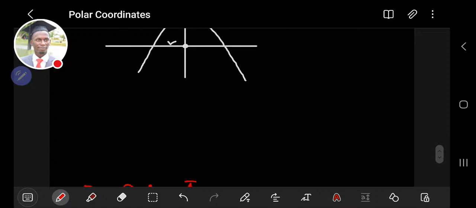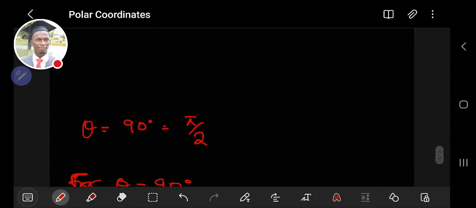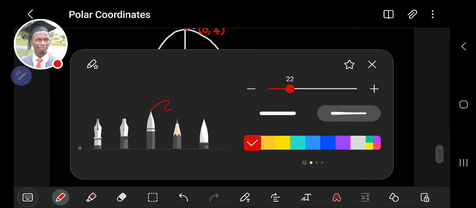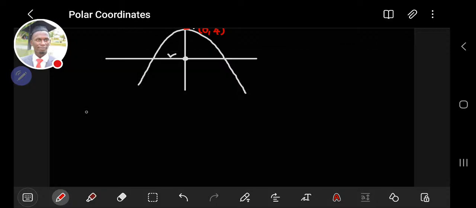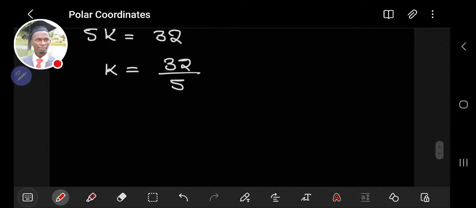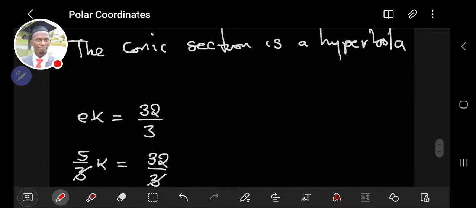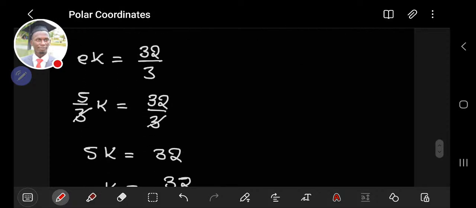Before we get to those, I want you to see one thing. We already have our E, and our E was equal to, where did we get our E? Our E was 5/3.